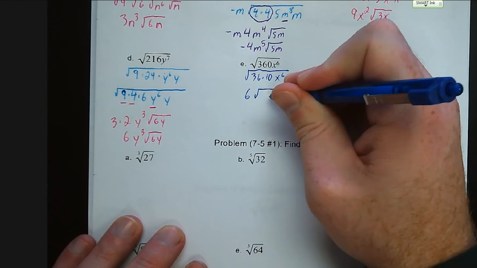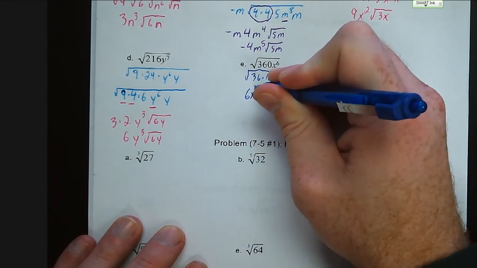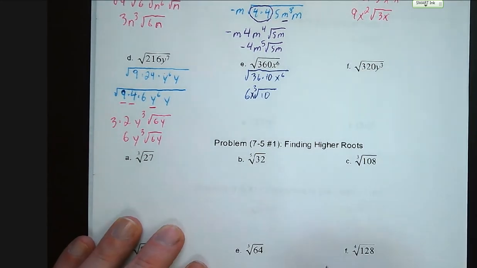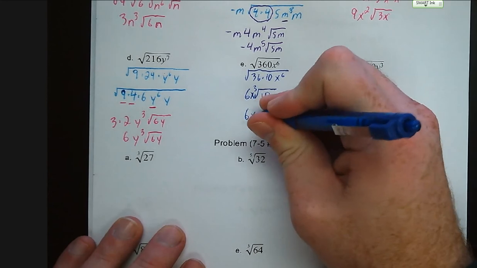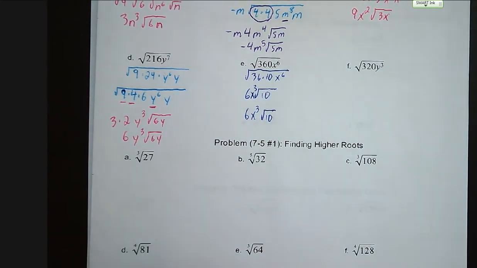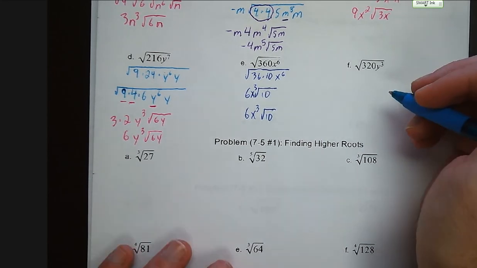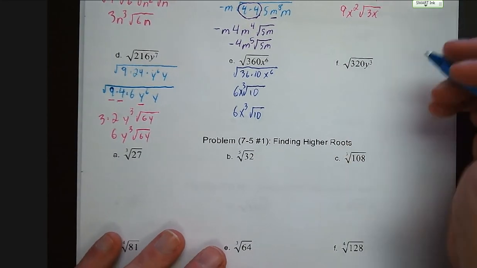Square root of x to the 6th will be x to the 3rd power. 6x to the 3rd, square root of 10. Okay. Letter F. 320 can be split into factors of 16 and 20.